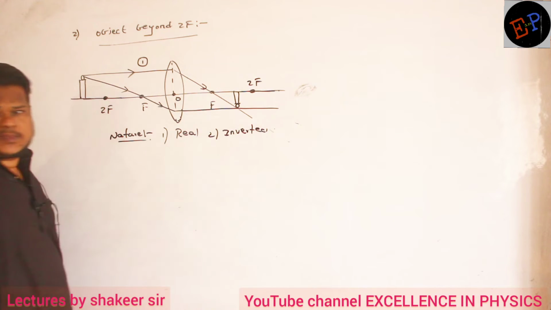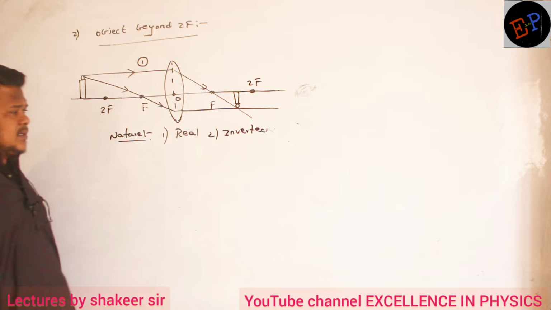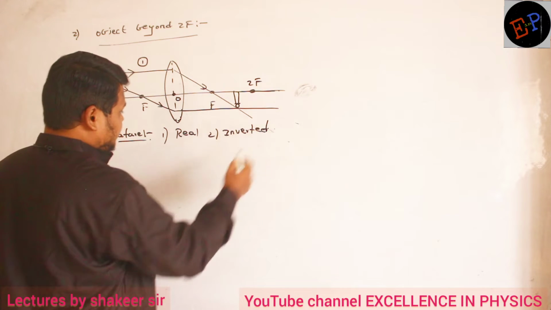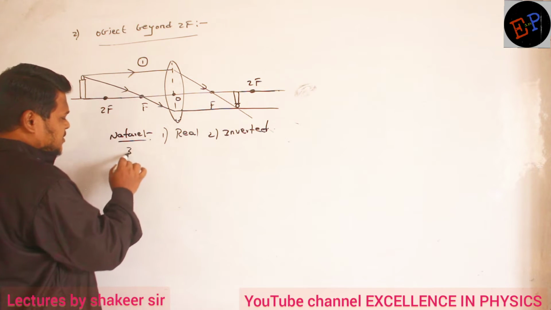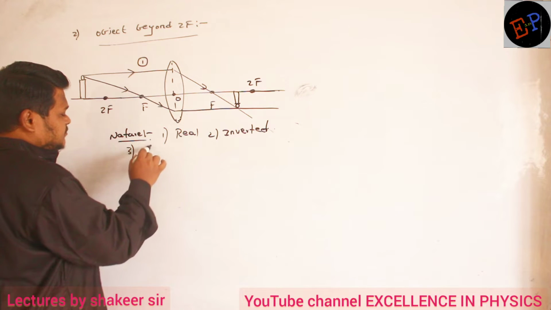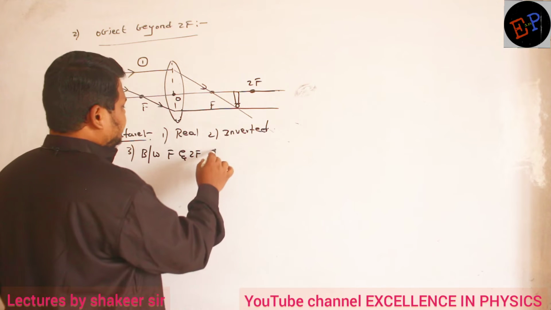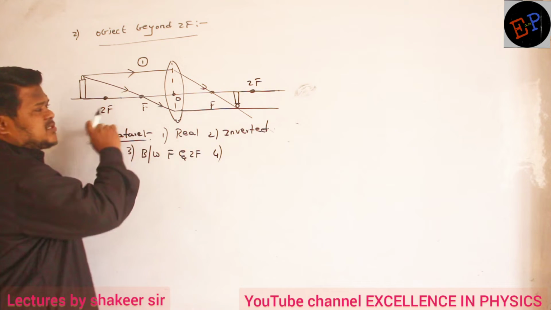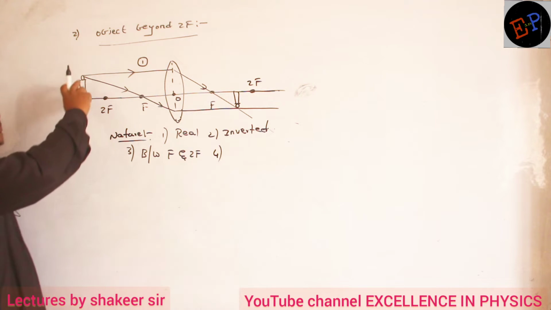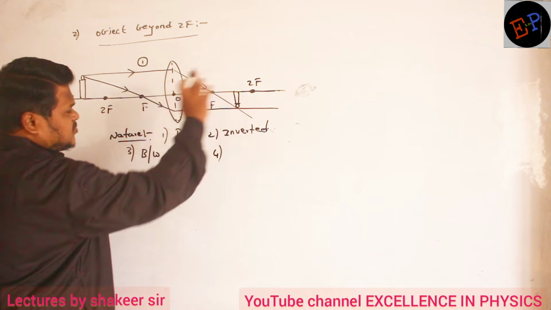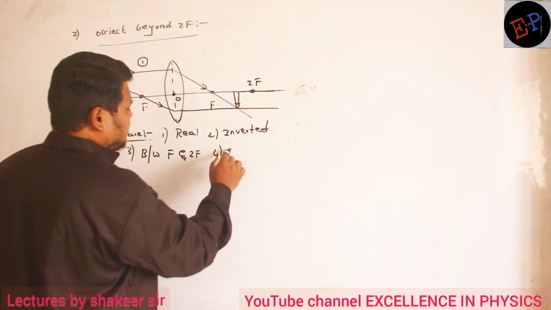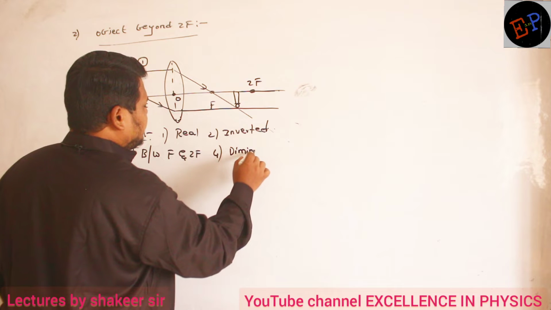The image is inverted. What is the position of this image? Between f and 2f. Next, a diminished image. When compared to the size of the object, the size of the image is smaller. So therefore it is a diminished image.